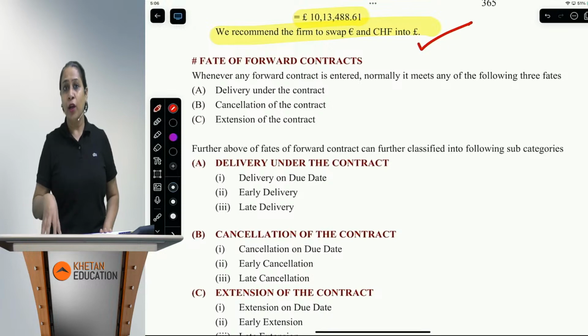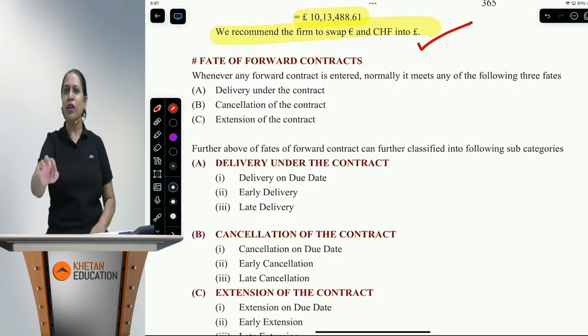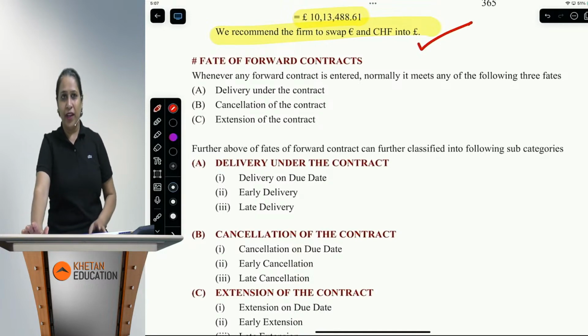The most expected situation is that we buy a forward and honor it on 31st of March, but apart from that, there can be many more situations.